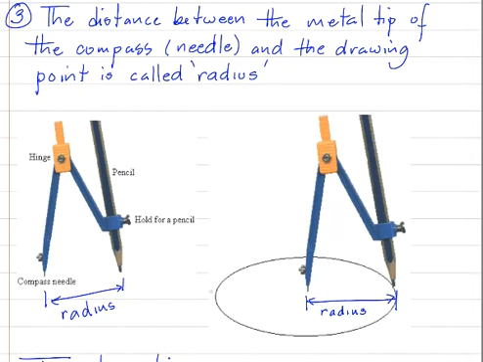Because if you're scribing a circle, the metal tip would be at the center of the circle, and the drawing point would be at the circumference, and the distance from the center of the circle to the circumference is called the radius. So the distance between the metal tip or needle of the compass and the drawing point is called the radius.